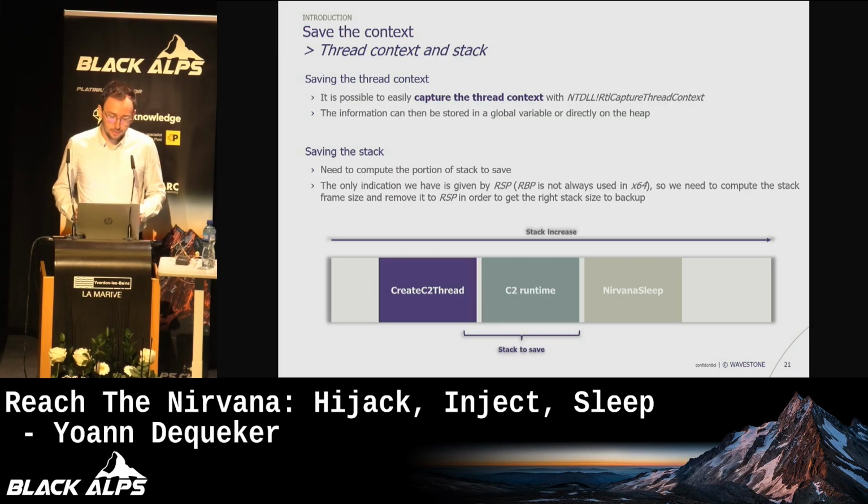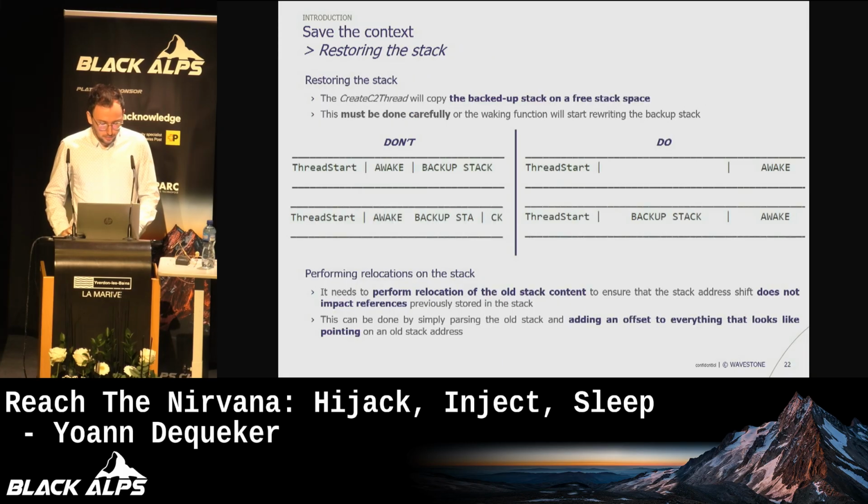You make the difference between the two and you save all the data stored. So when you start your beacon, you will just save somewhere the initial stack address, and when you are trying to sleep, you will save somewhere the current stack address, and you will save all the data contained between these two addresses. So yeah, quite easy.